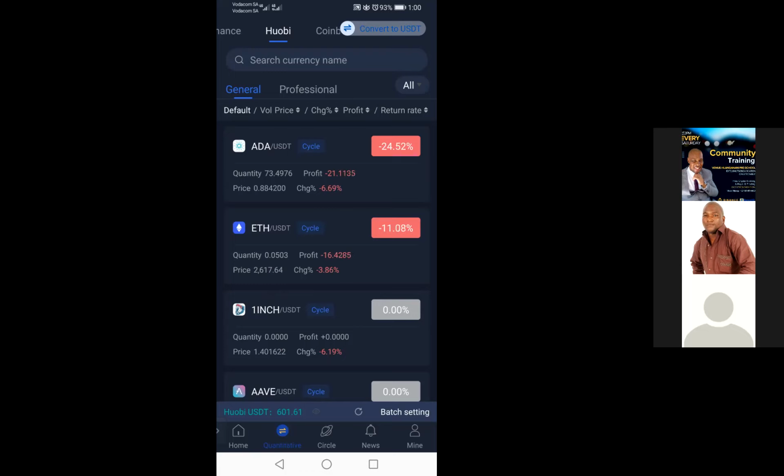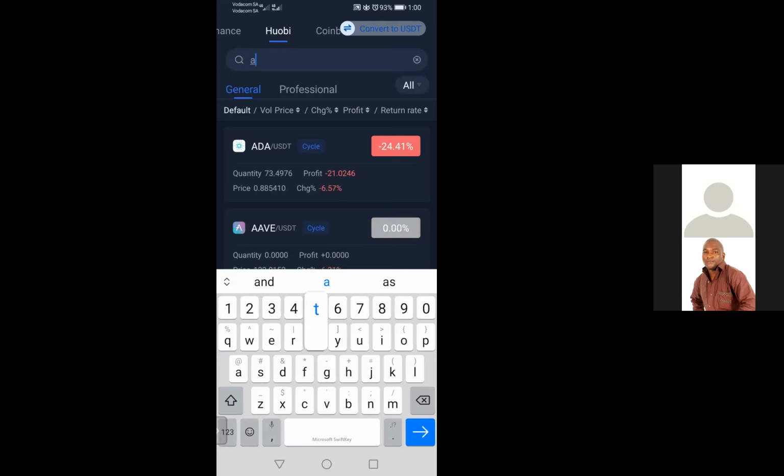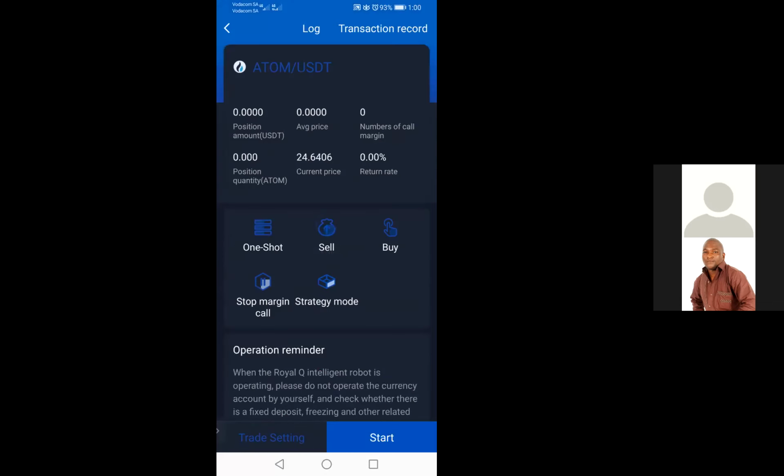I think it's under, let's check under general there. It will appear. There it is. So now we're going to trade this one with $300 only, then we are out.